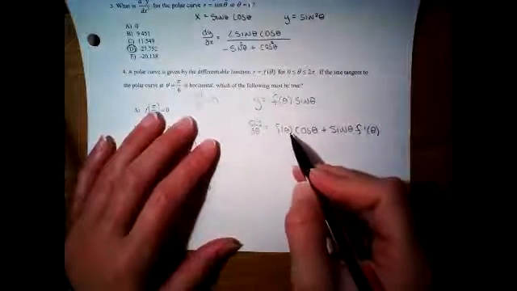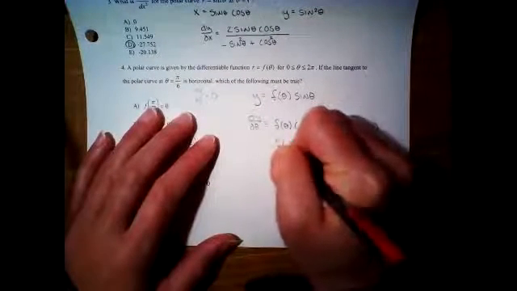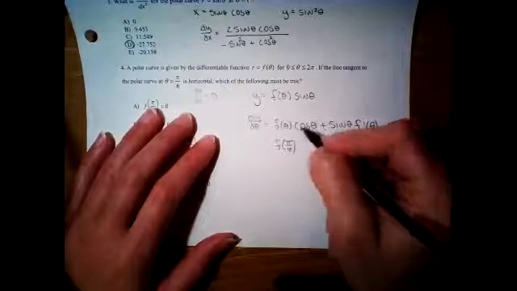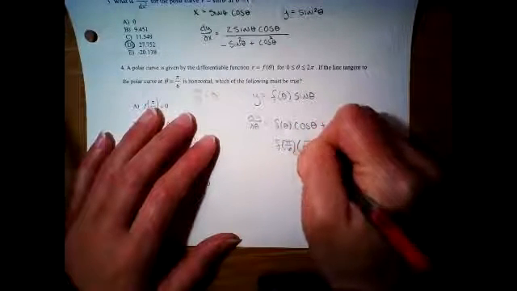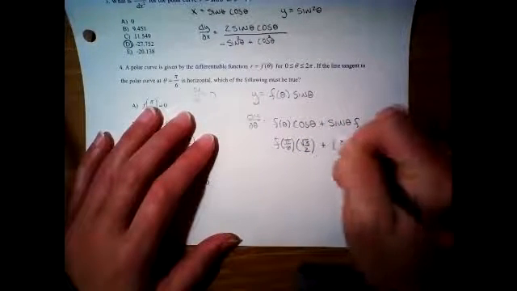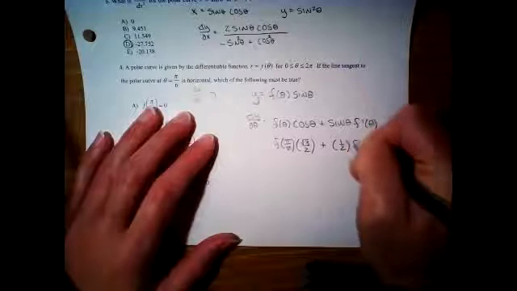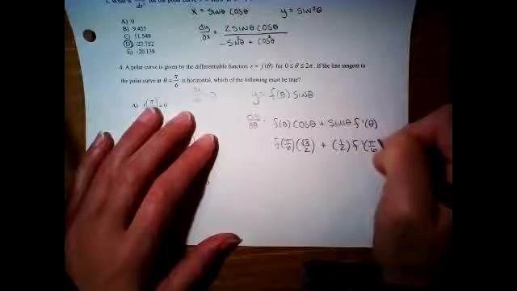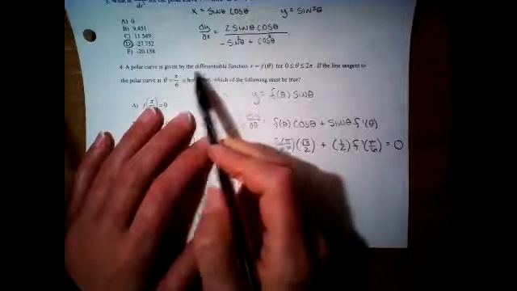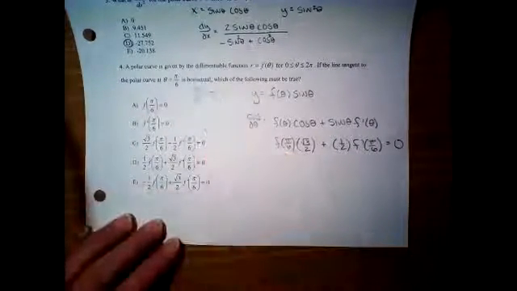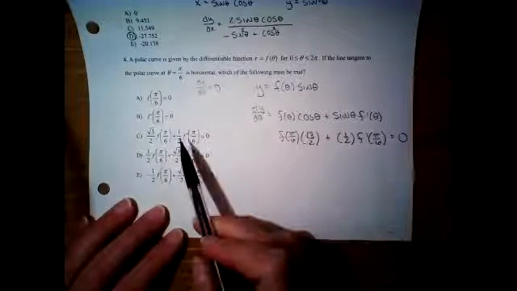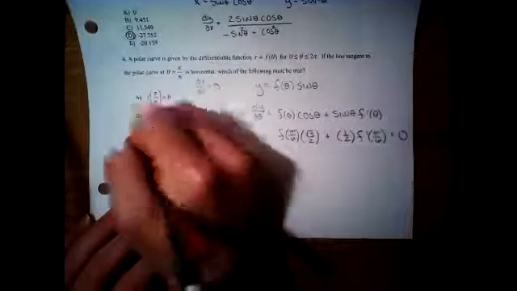So if we plug in pi over 6, this will just be f of pi over 6. Cosine of pi over 6 is square root of 3 over 2. Sine of pi over 6 is a half, and then f prime of pi over 6. And again, that all equals 0. It said we wanted a horizontal tangent line at that point. So let's see which one matches with this, and that is going to be C.